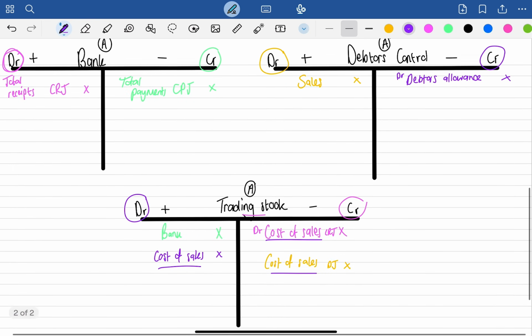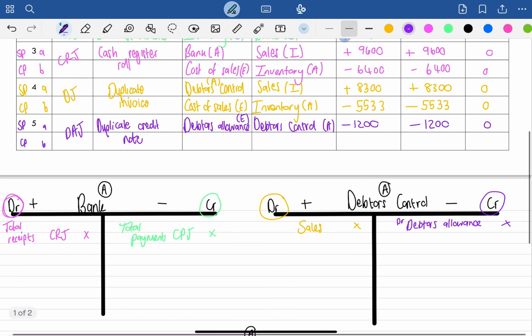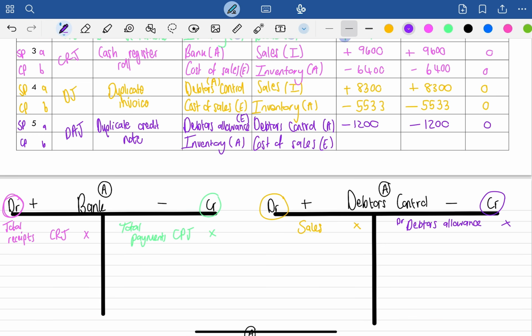So my stock account will increase because I've now received stock back. So inventory increases, and the cost of sales expense actually decreases. So in this case, we've got more stock with a cost price of 800, and my cost of sales expense decreases.